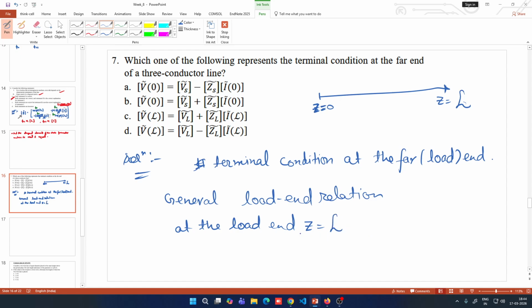So at the load end, Z is the Z axis, we are considering this along the Z axis.